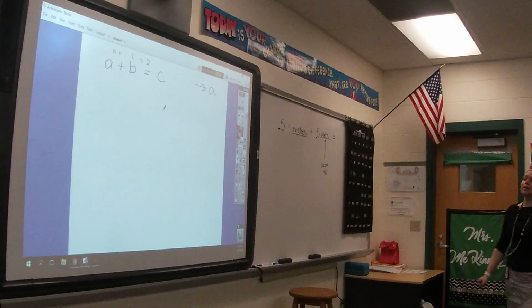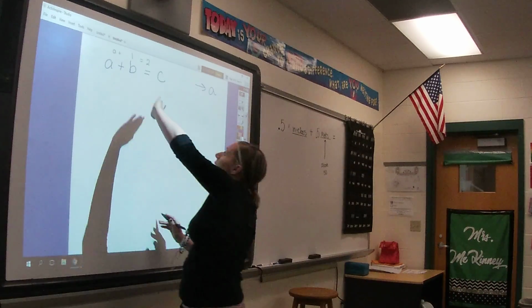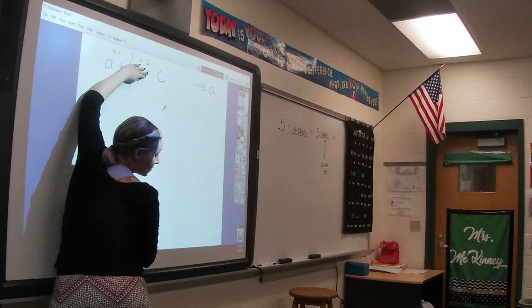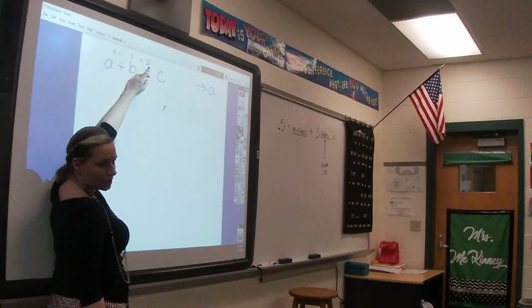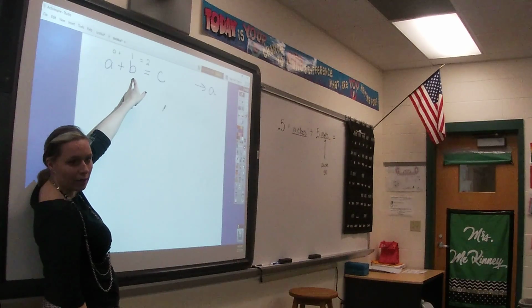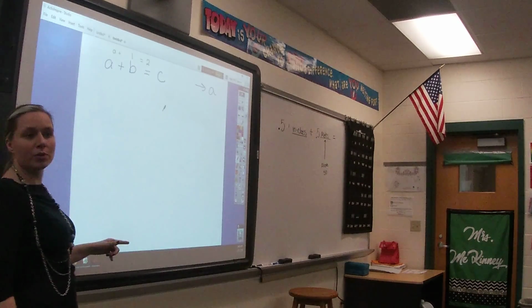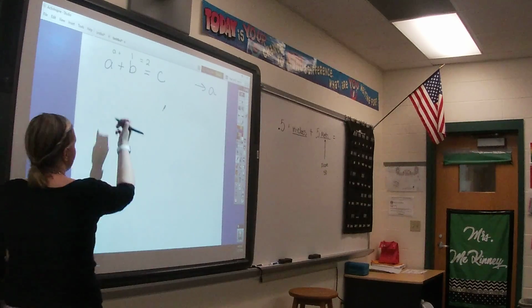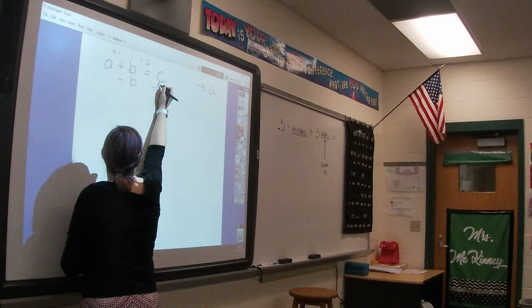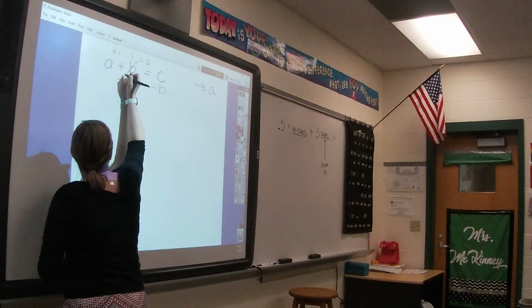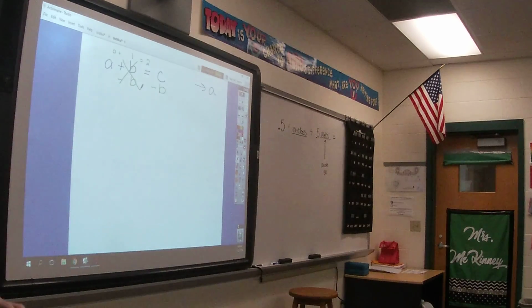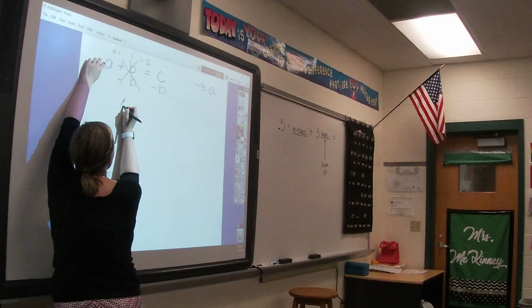What would we do if we wanted to solve this top equation for A? Subtract 1. So what's in the 1 position down here? B, so we're going to subtract B. Again, here is the good news. We don't have to do any math. We don't know what C minus B is, so we just write down what we see.